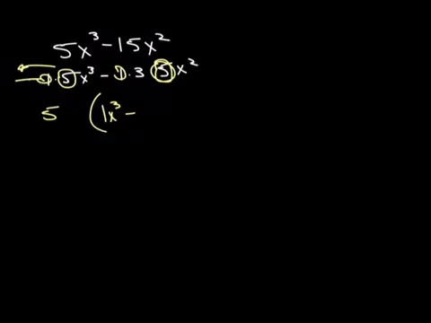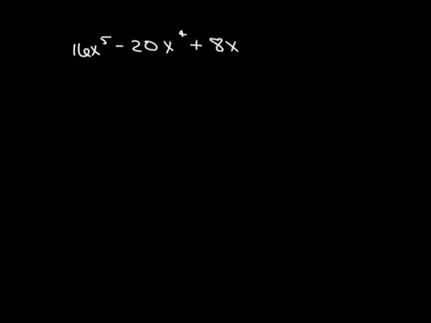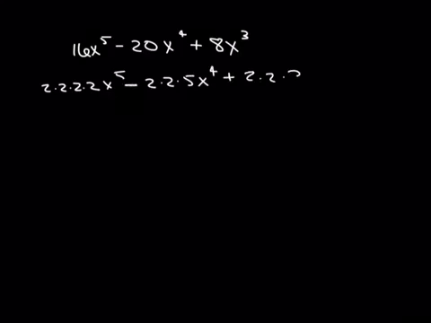Okay, so let's look at example number 6. 16x to the 5th minus 20x to the 4th plus 8x cubed. So again, I'm going to write these as product of primes, and then my x to the 5th. All right, so I'm just going to look at the numbers here.